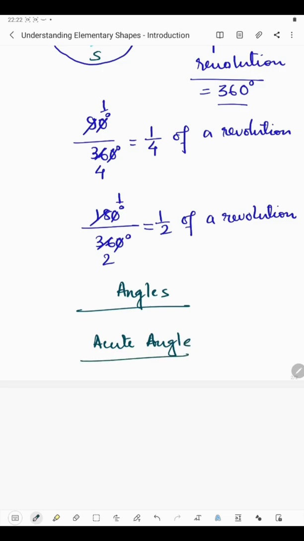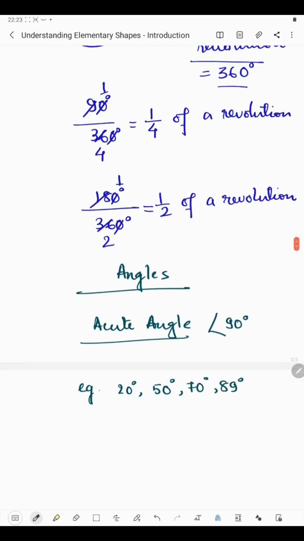Acute angle means an angle which forms less than 90 degree. Then it is said to be an acute angle. For example, 20 degree, 50 degree, 70 degree, 89 degree, these all are acute angle.